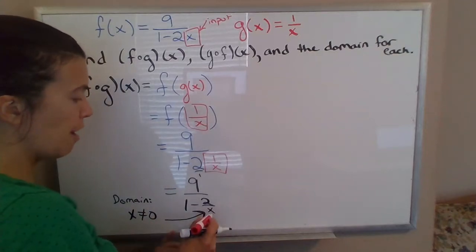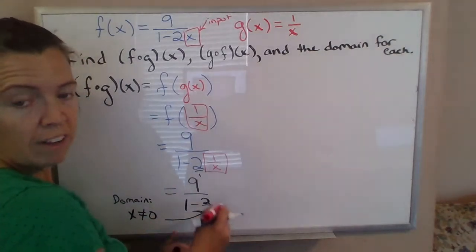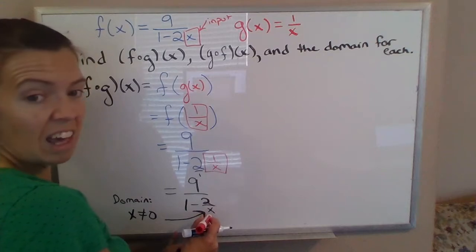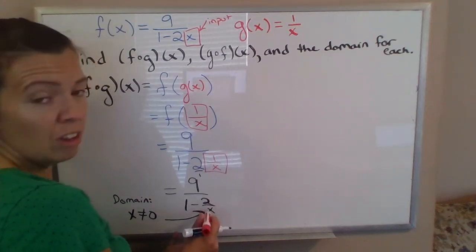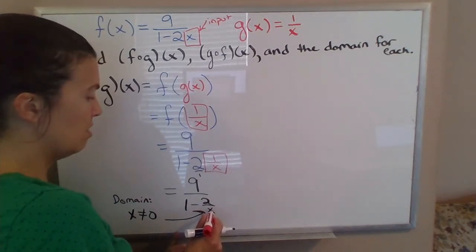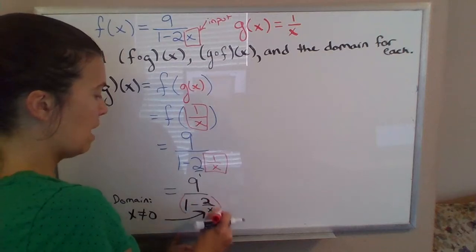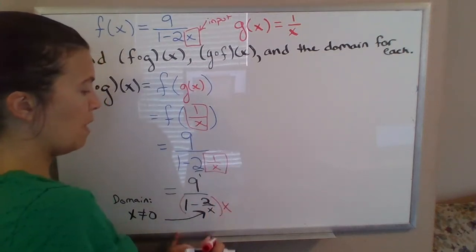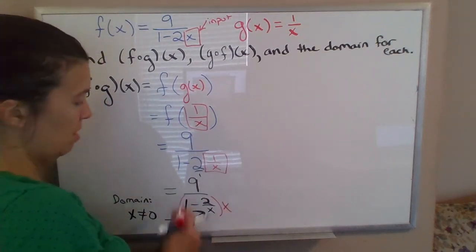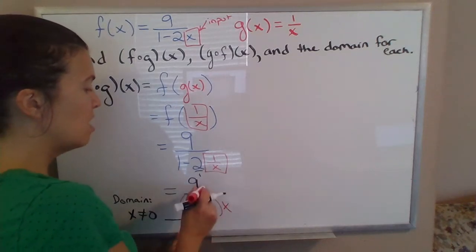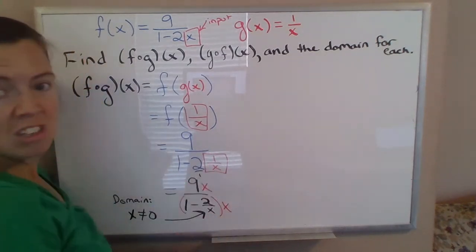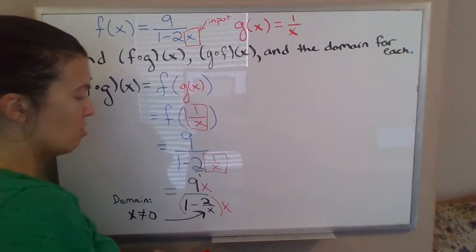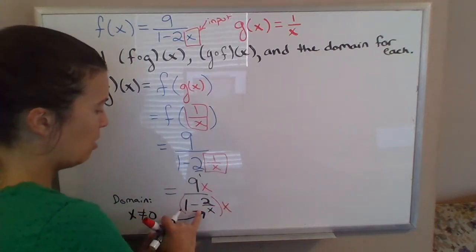Now we should simplify. In order to simplify this complex fraction, I want to get rid of the denominators of the inner fractions. So in order to get rid of that x in the denominator, I can multiply the entire denominator, this outer fraction, times x, which is only legal if I do the same thing to the numerator. So I'm going to multiply by x in the numerator and the denominator.